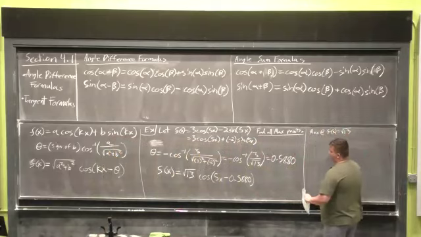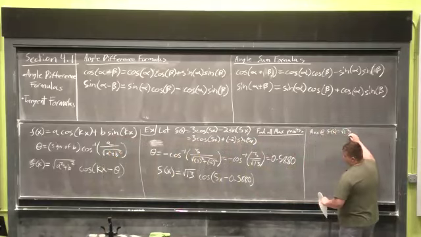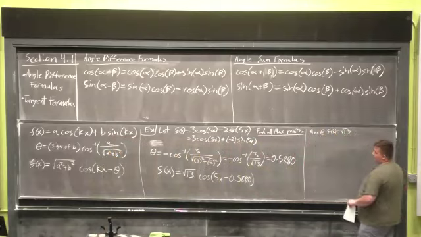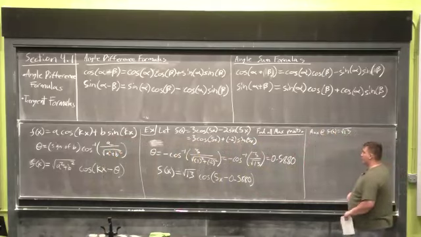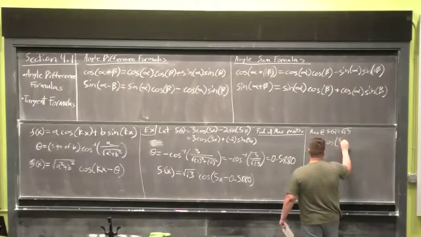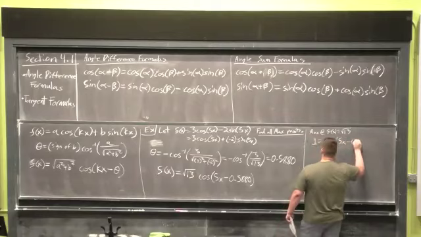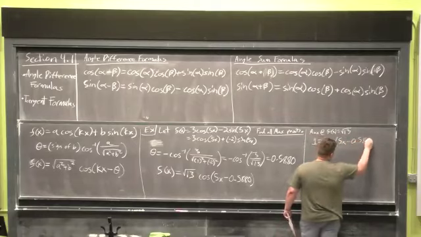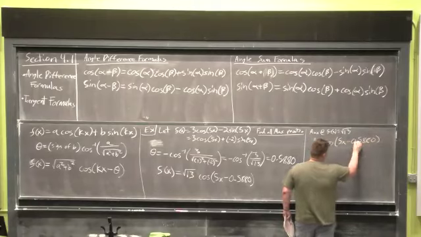So we have square root 13 equals square root 13 cosine of 5x minus 0.5880. So in other words, that's 1 is equal to cosine of 5x minus 0.5880.